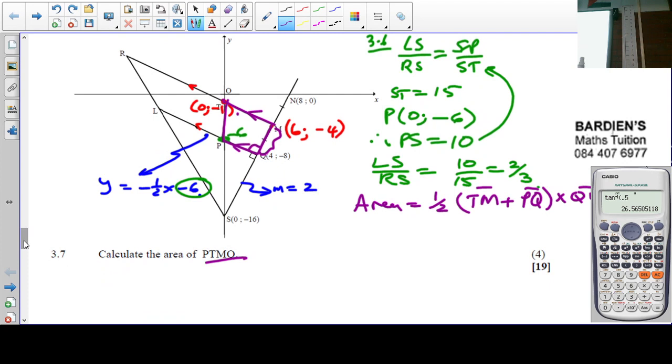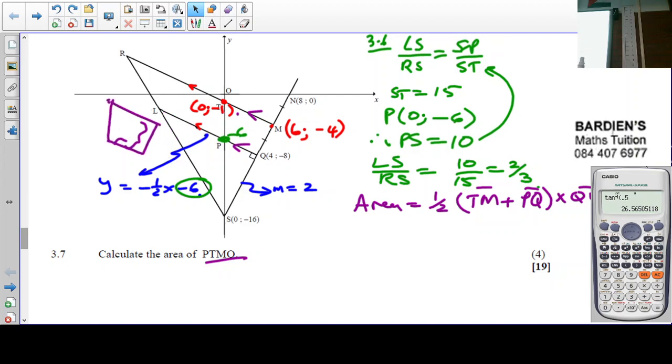So what I'm going to do is find the length of TM. As I said, the diagram is overpopulated, so I'll just pull this out here. TM is this length here. So of course, distance formula.